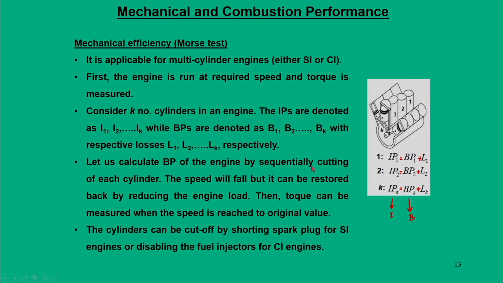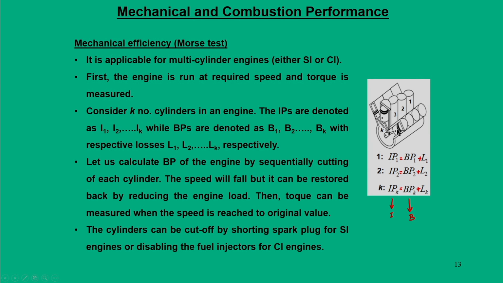We cut each cylinder in turn. For example, the engine is first run with all the cylinders and then you cut cylinder 1, that means you disconnect cylinder 1. Since the engine is running with all the cylinders, the cut cylinder will not contribute brake power, but it still contributes friction to the entire running operation.